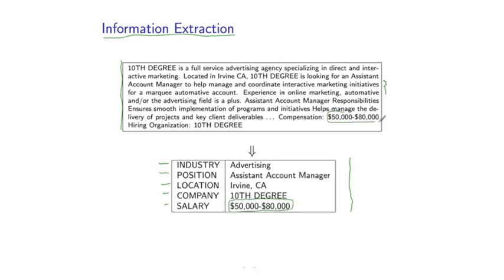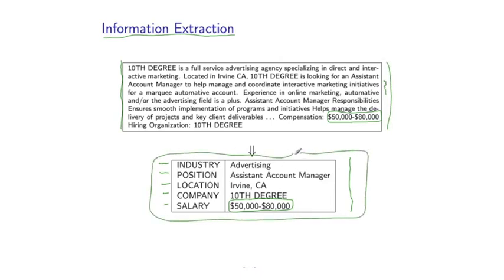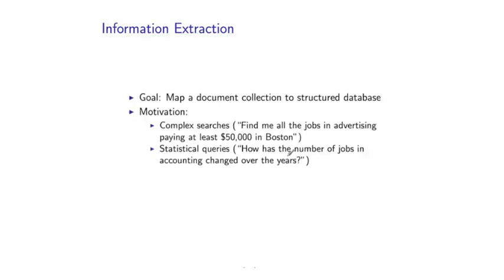So the salary in this case comes from this portion here. So this is a critical example of a natural language understanding problem, where the problem is to, in some sense, understand this input, raw, unstructured text, and to turn it into a structured database kind of representation. So there's some clear motivation for this particular problem, information extraction.